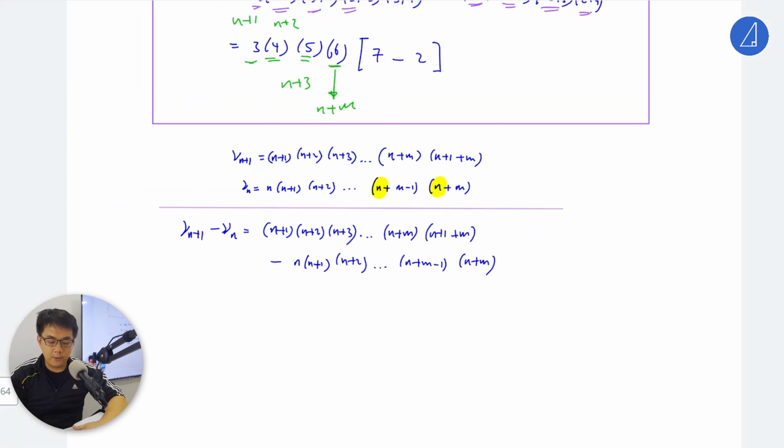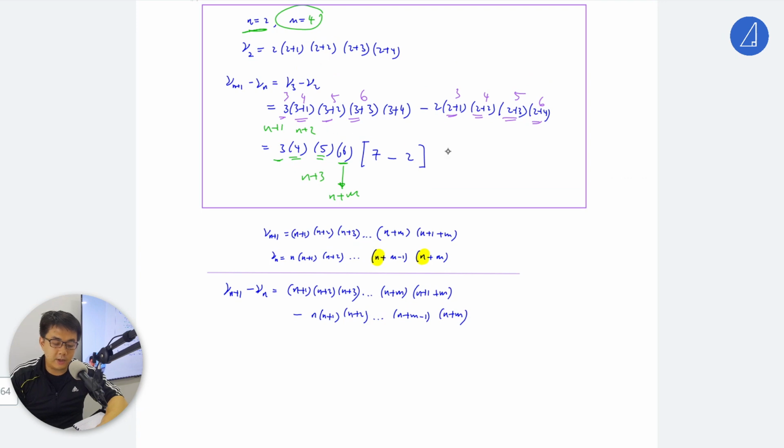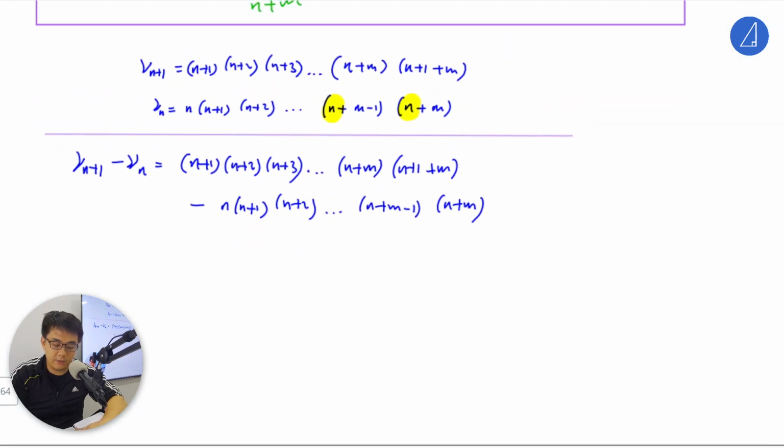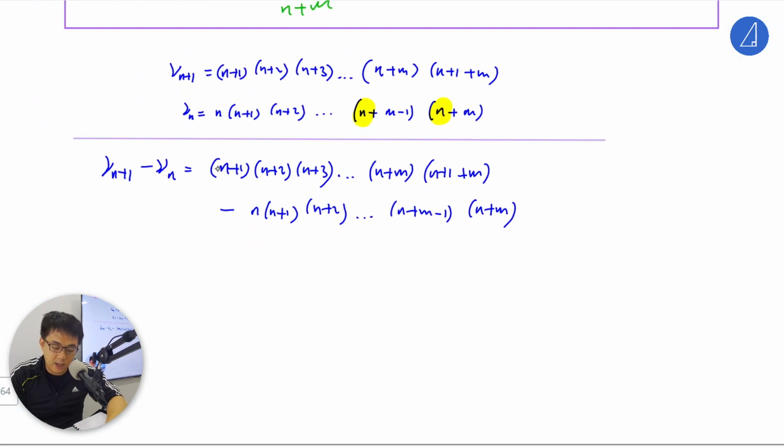Okay, now take note, you see this part, you need to factorize the terms out, right? So similarly, I'm going to factorize n plus 1 all the way to n plus m. These are the two same parts here.